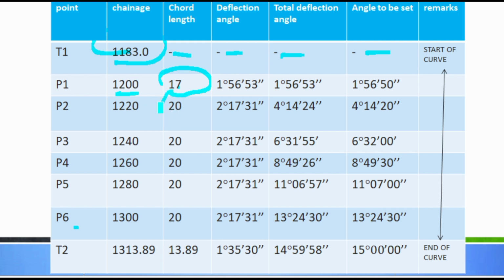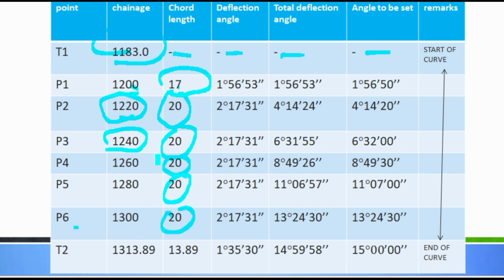So we add 17 to the chainage of T1. You do the same, the chord length found here, you add to point 1. The chord length found on point 3, you add that to the chainage at point 2, you get the chainage at point 3. So here we had 5 full chords of 20. By adding that to the previous points, you get the chainages there.